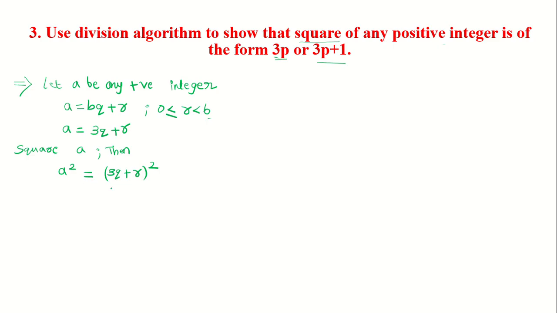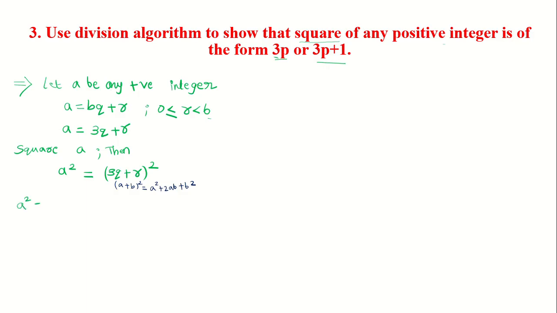Now look here. This equation is of the form a plus b whole square. Now expand this. What is the formula of a plus b whole square? a square plus 2ab plus b square.